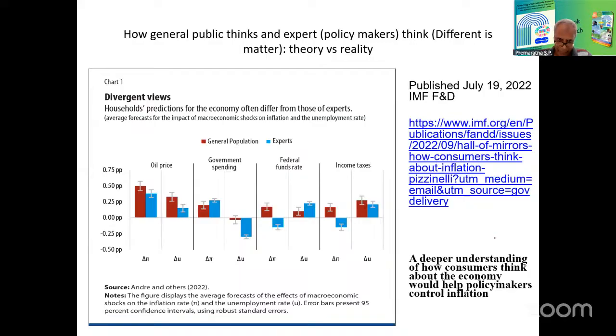A very interesting thing, very important to understand how policymakers think, and the general public and experts' thinking patterns.